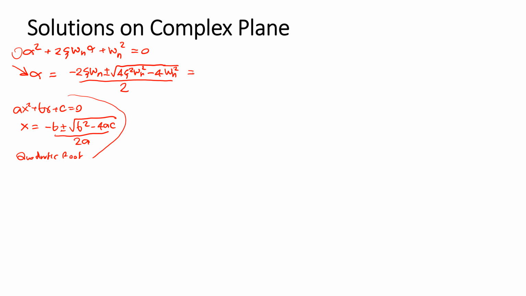So here alpha is going to be minus psi omega n plus or minus the square root of psi squared omega n squared minus omega n squared.